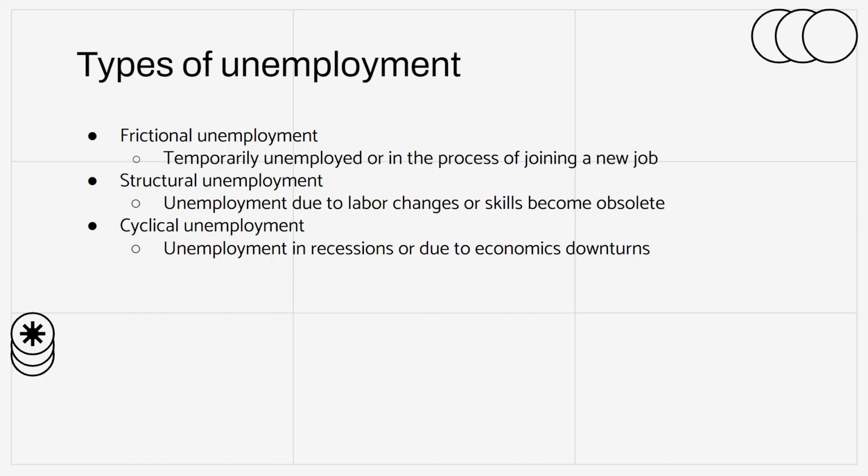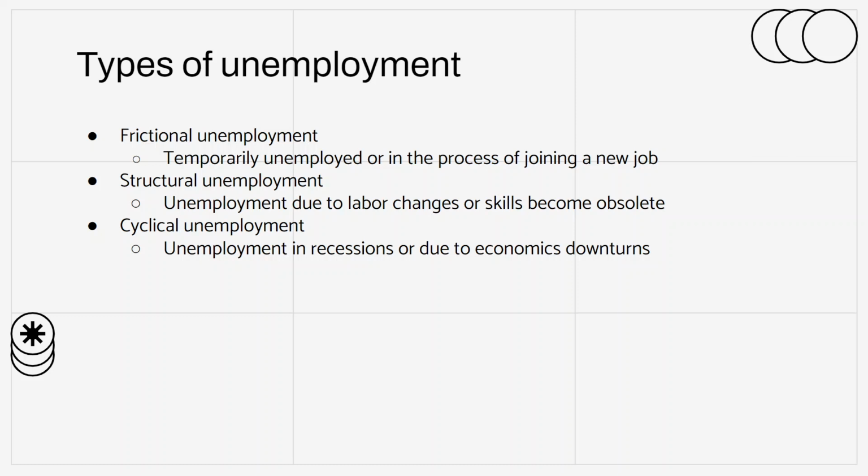I see company B can offer me that, so I leave company A and go to company B. There's a small period of transition from company A to company B. Technically, I do not have a job in that small period, so I'm considered unemployed when in actuality I'm not. I'm just transitioning jobs. Frictional unemployment is actually a good type of unemployment. It just means that you're trying to find a new job or are temporarily not employed.